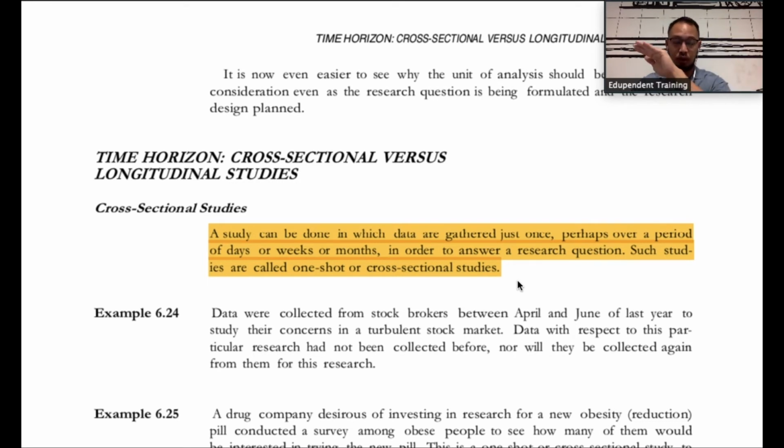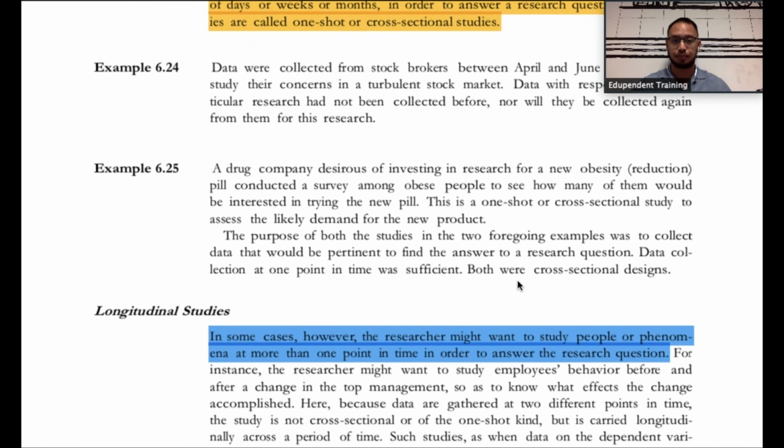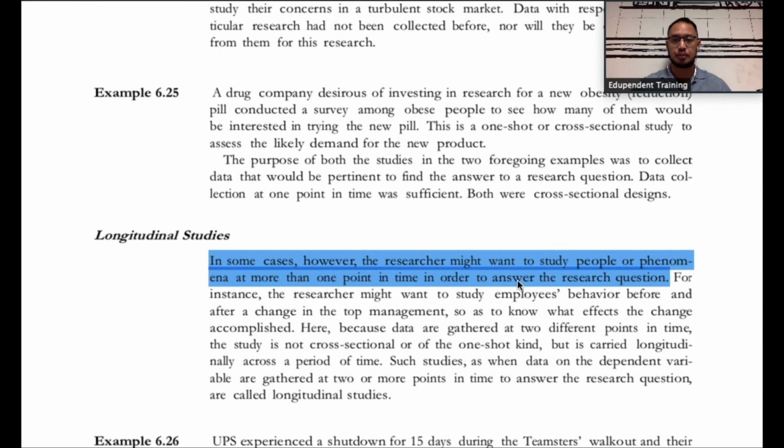So 2018, 2019, 2020. That will be the 3 years of observation. That will be an example of a cross-sectional study, and that will be your focus on quantitative, financial data.